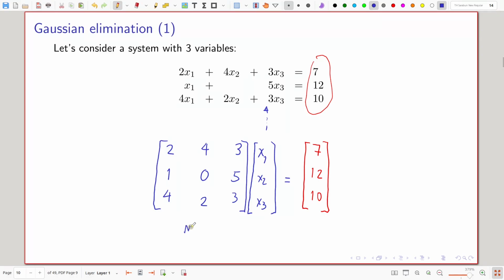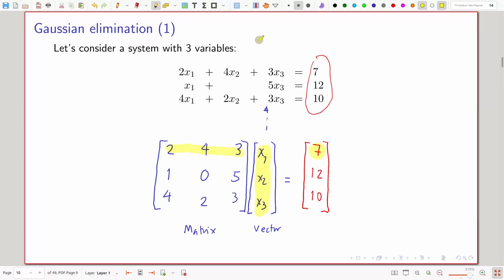So we have a matrix here, and this is a vector. You can see this as a matrix-vector multiplication. But for now you can think of this as: you have the first row here, right? The first row gets multiplied with this column, and you obtain 7.